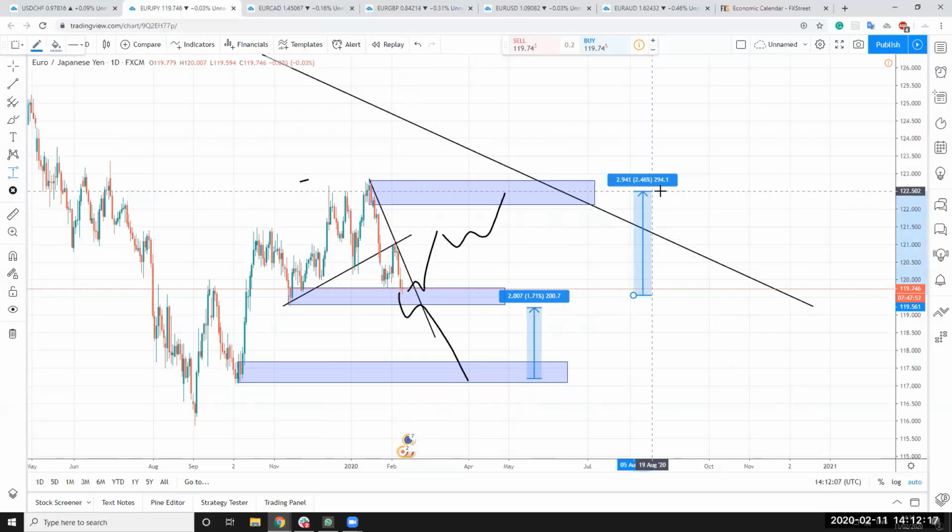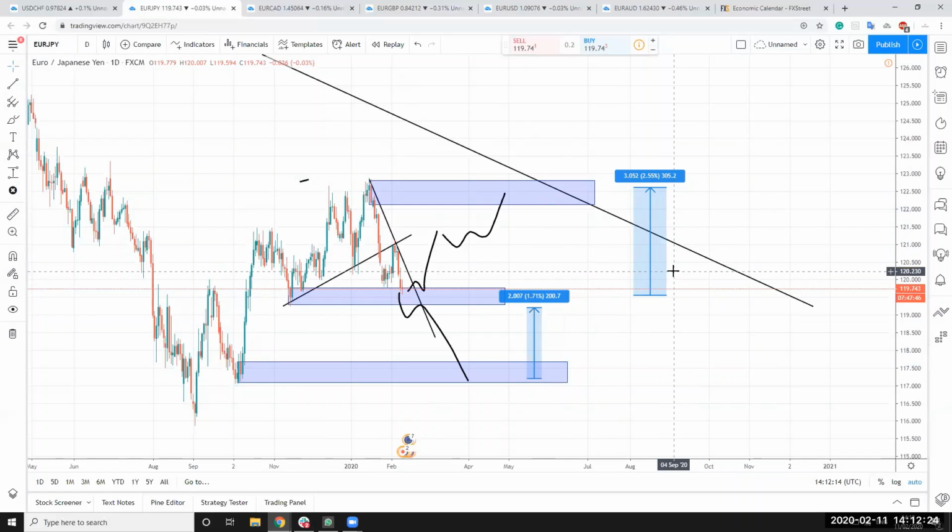If price does go higher, you get 300 pips. Okay. So today's close will give us a good idea. If today's close does close bullish, then tomorrow we'll retest to go higher. That would be a nice trade for us.